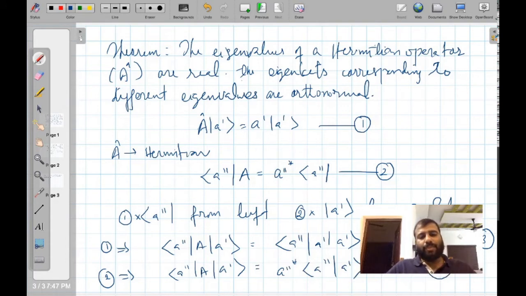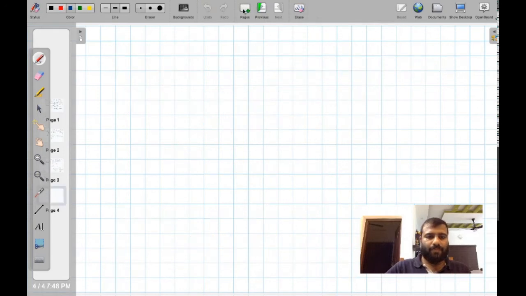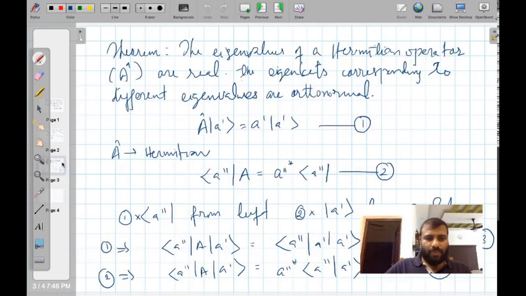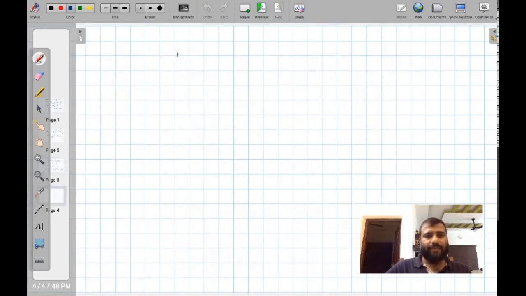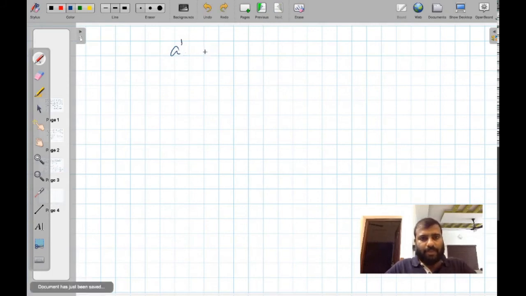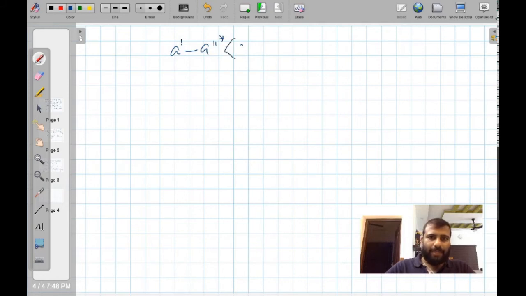You subtract equation 4 from 3. The left hand side is the same, so on the right hand side we have (A' minus A'' star) multiplied by the scalar product <A''|A'>, which gives you 0.